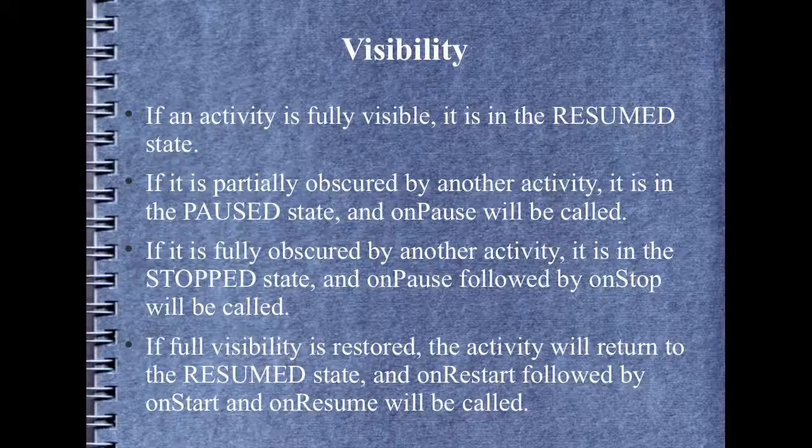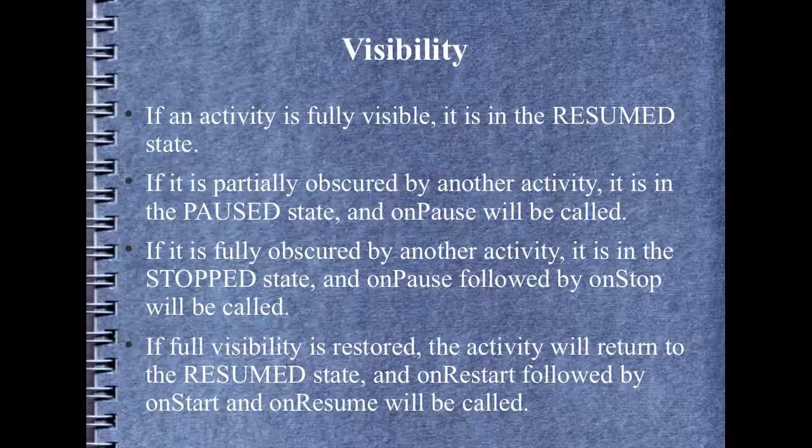So what about this visibility concept? Well, we have 6 lifecycle states. Resumed is fully visible. Paused and started, those 2 states, are partially visible. Started is partially visible because it's coming up. Paused can be partially visible in one of 2 ways. First of all, it could be going on to stopped.